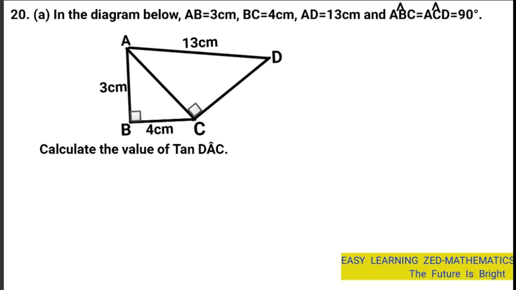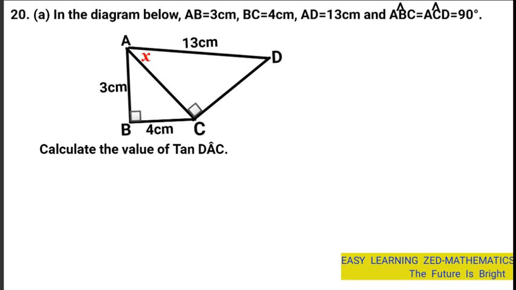Now the question is: calculate the value of the tangent of DAC. The first thing we're going to do is identify the angle we want to find the tangent for. So the angle we're talking about is this angle, which is DAC.